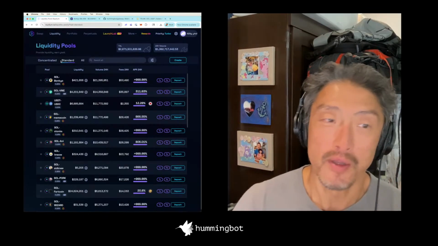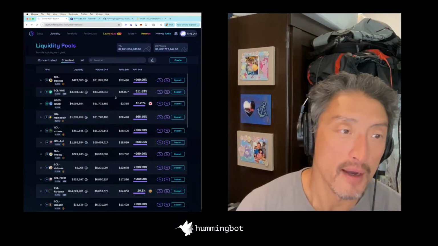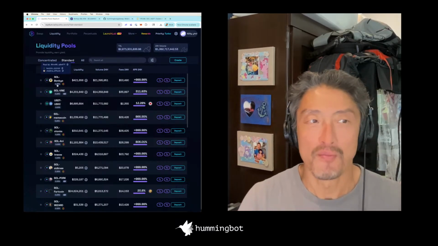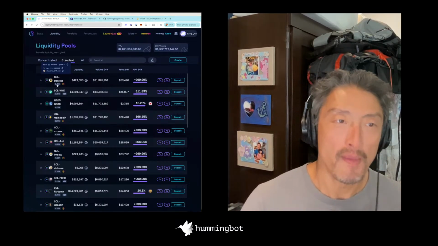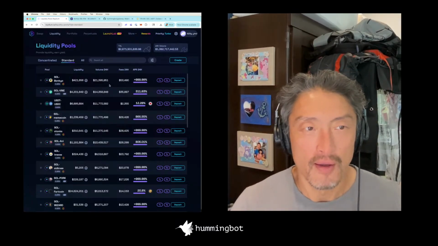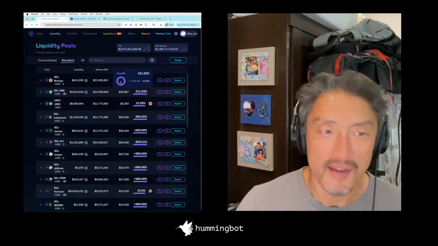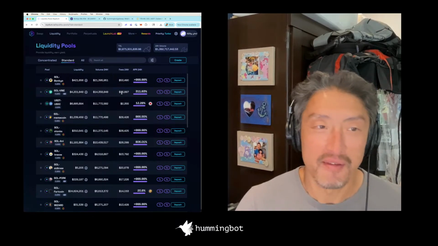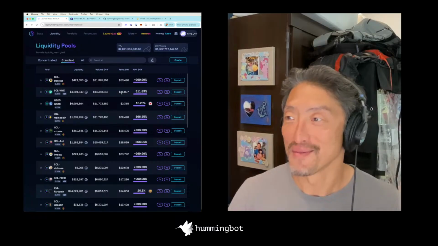The situation is completely the opposite on an AMM DEX. The reason the fee is important is because the market maker is earning the fee. So when I look at these pools, I want to see a high fee number, because most of that fee is going to me as a market maker.